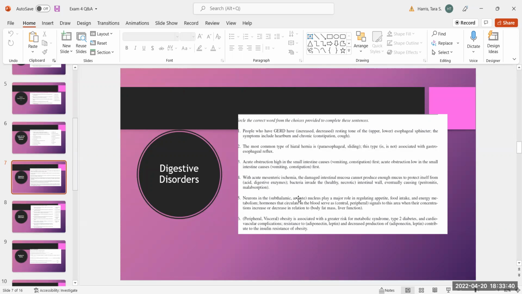All right, so when we talk about obesity, visceral obesity and peripheral obesity, which one of these is associated with a greater risk for metabolic syndrome, type 2 diabetes and cardiovascular complications?